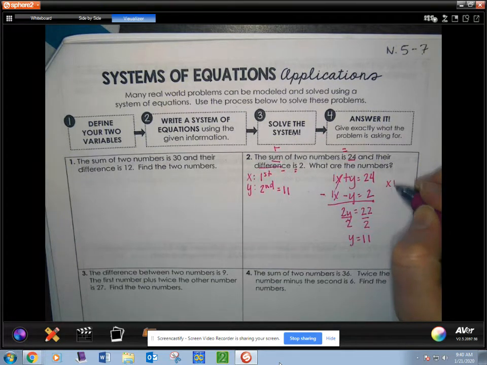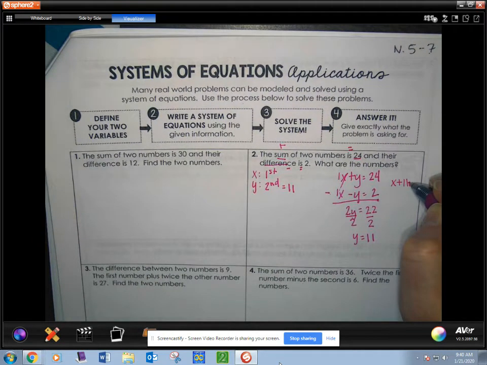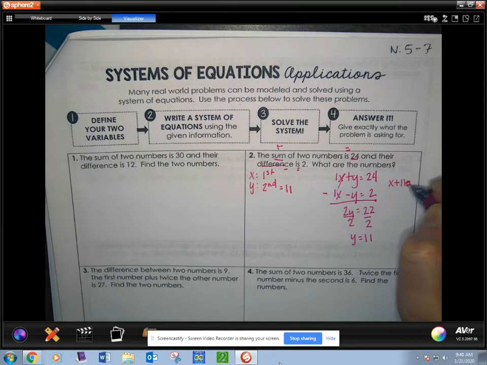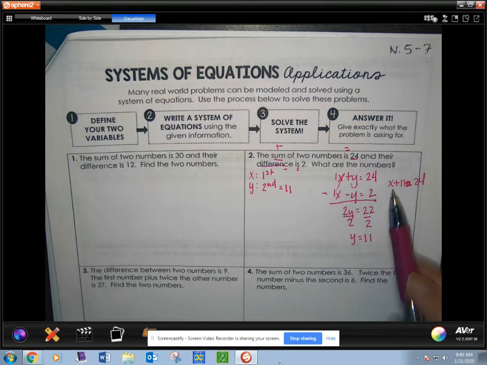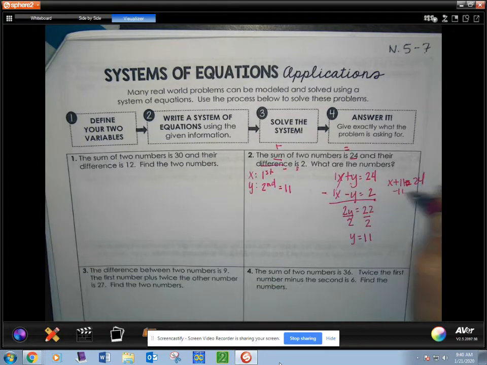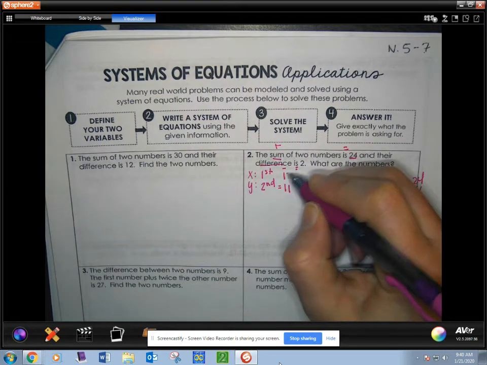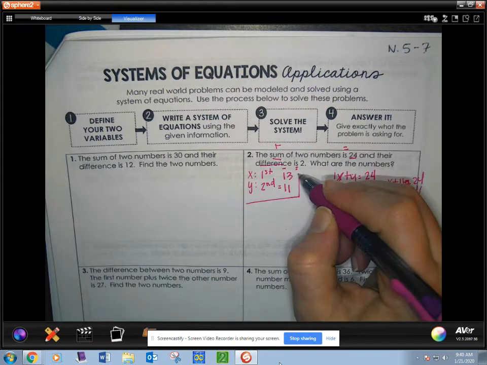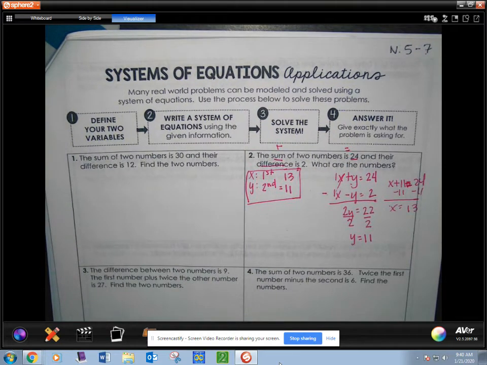So I'm going to do x plus 11 equals 24 because that's the top equation, and I plugged in y. To get x by itself, I just subtract 11, and I get x equals 13. And I'm going to bring this back over here and put my answer, and I'm going to circle that because that's my answer, or box it.